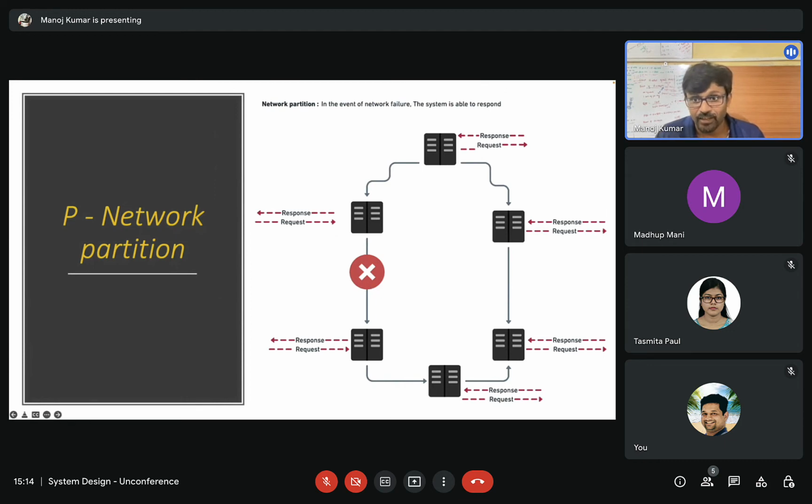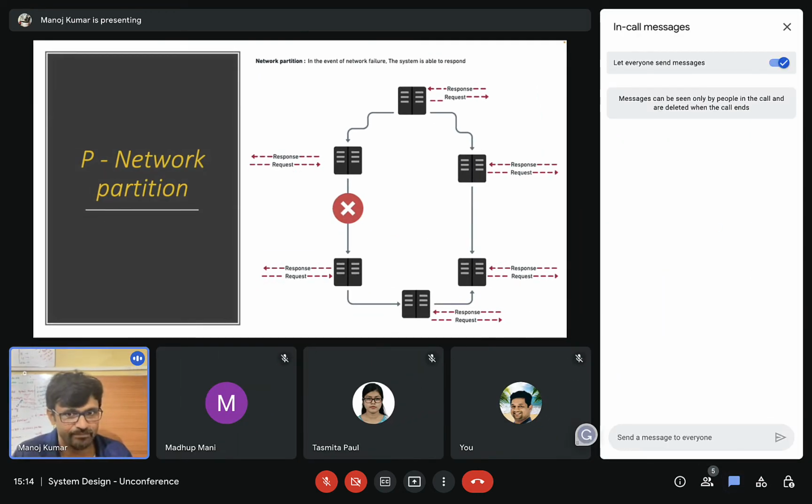And if you stop writing, saying there is a network partition and you do not want things to go out of sync, then you are sacrificing your availability. You will not be able to accept requests, and you will start throwing errors. Things become messy, and you sacrifice your availability.